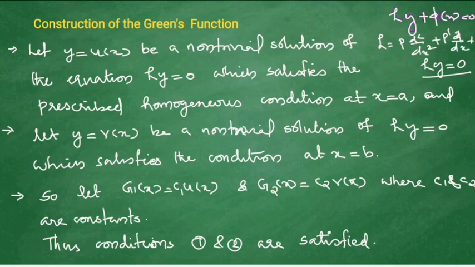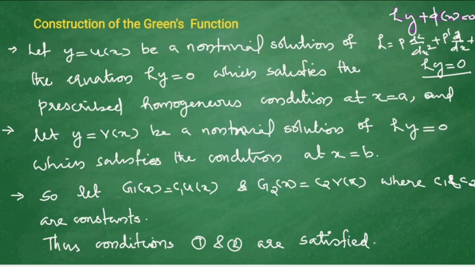Let u of x be a non-trivial solution of this second order homogeneous differential equation Ly equal to 0, which also satisfies the prescribed homogeneous condition at x equal to a. And let y equal to v of x be a non-trivial solution of Ly equal to 0 which satisfies the condition at x equal to b.